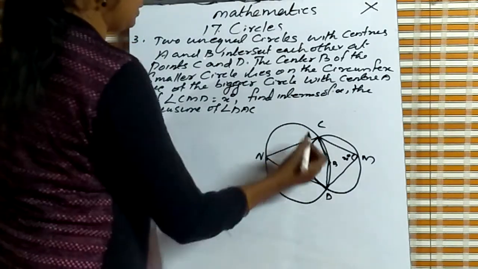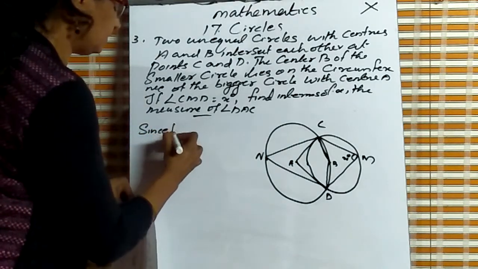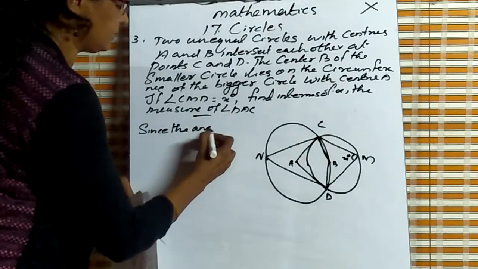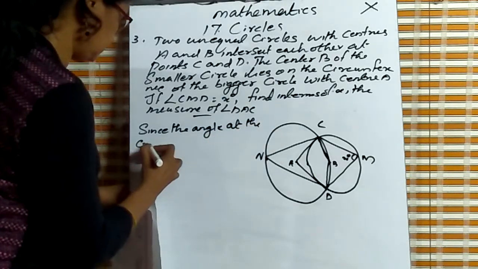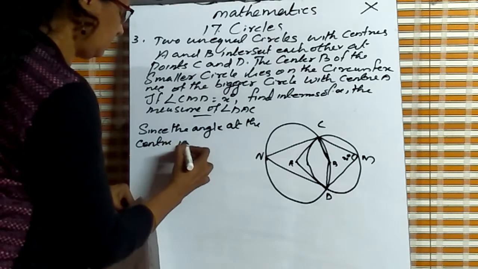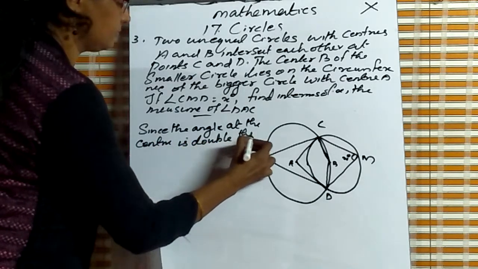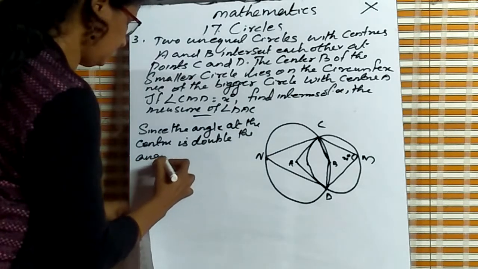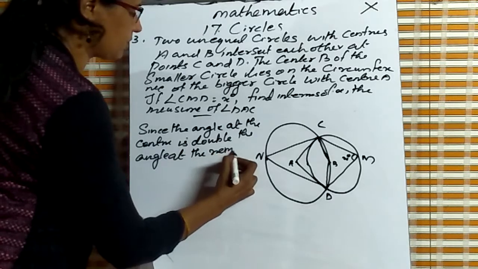Here we use the theorem: the angle at the center is double the angle at the remaining part of the circumference.